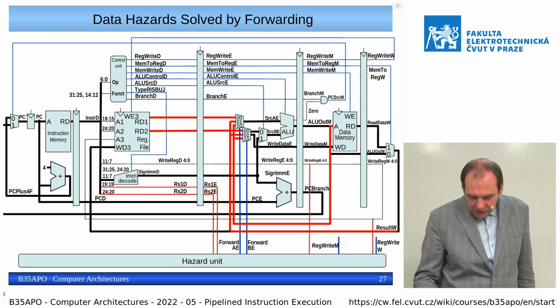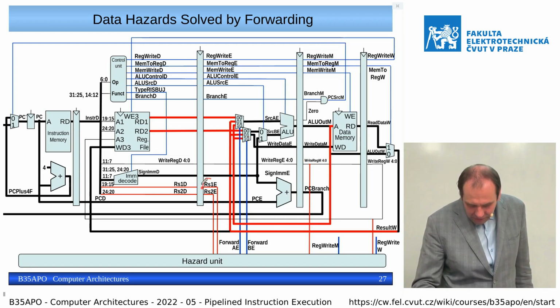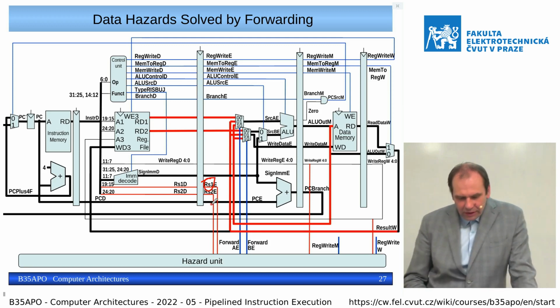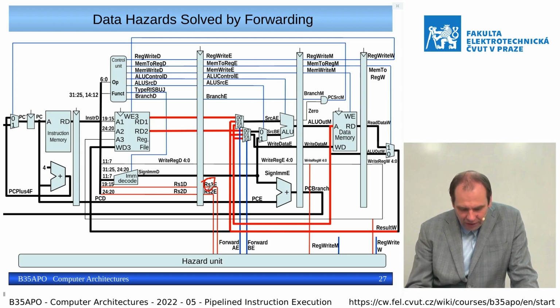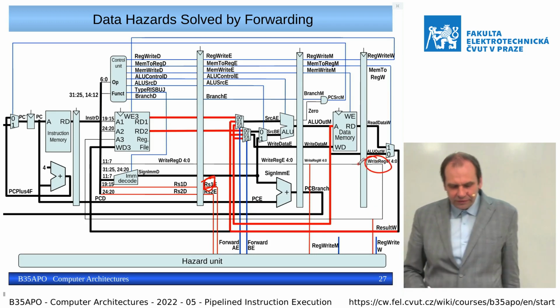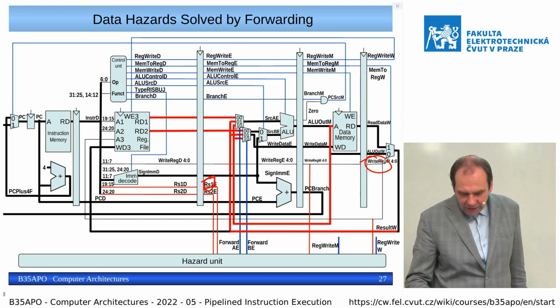Same if we find a match between one of those registers which are used, maybe that some of them is not used if we use there the immediate operand, then we do not need to forward, but in another case we need. And we can check whether this register matches the value of the register which is written to in the write back phase.